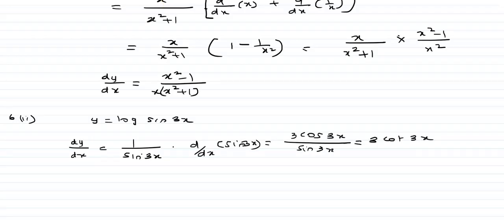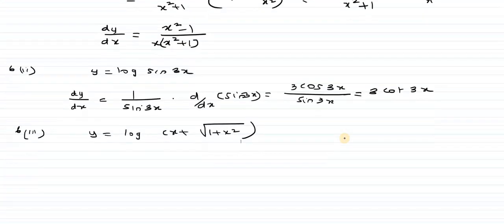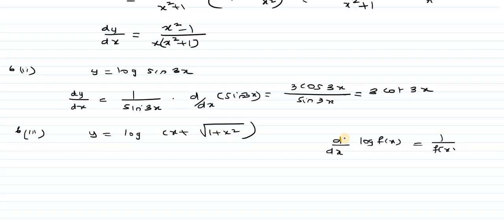Next is sixth one, third sum. Y equal to log of x plus under root 1 plus x square. Again same method only. Differentiation of log of f of x will be equal to what? 1 by f of x into f dash of x.